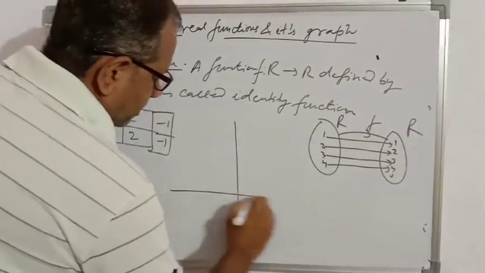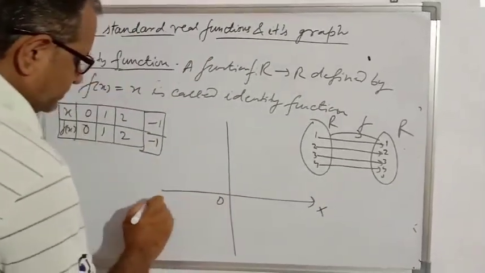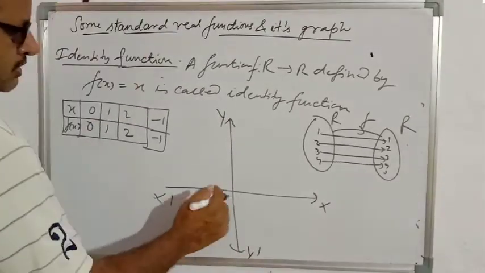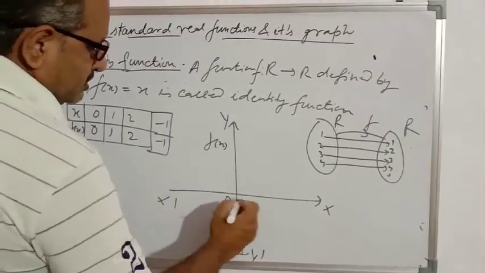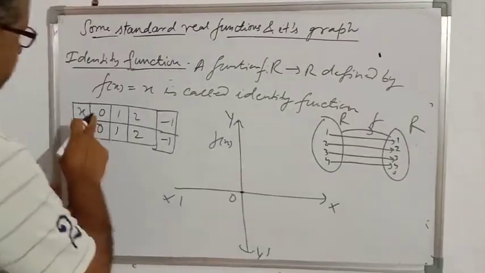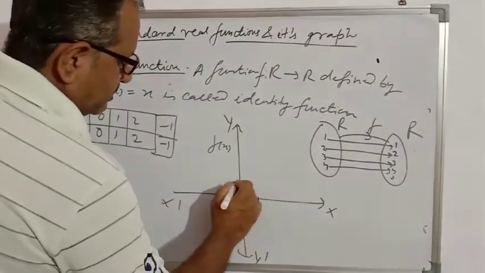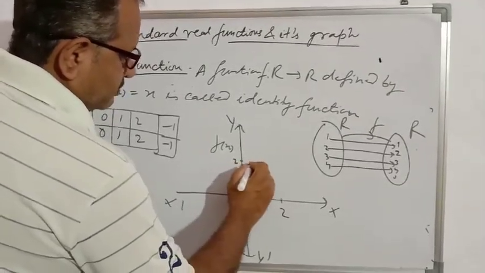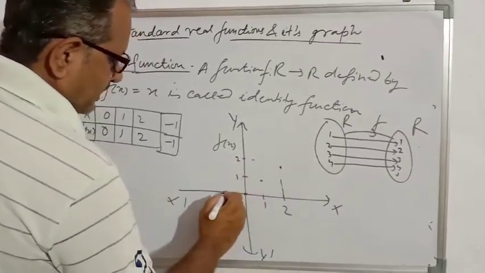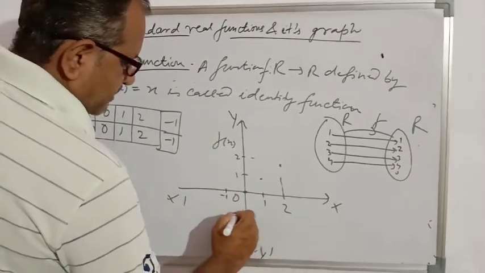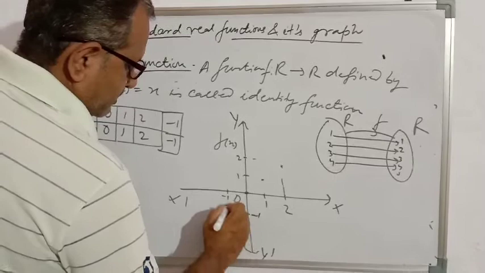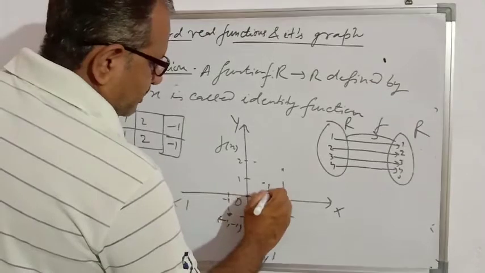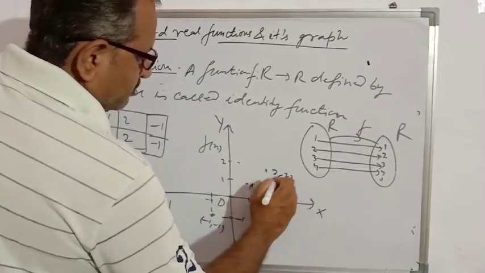If we plot the graph of the identity function, here we take f(x). So the points (0,0), (1,1), (2,2), and x is minus 1, f(x) is also minus 1, minus 1 comma minus 1, like this.